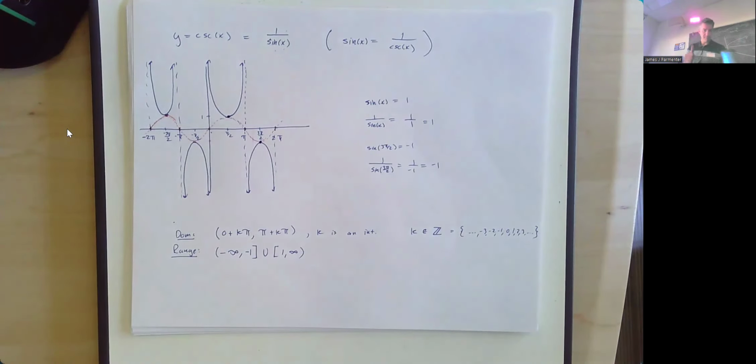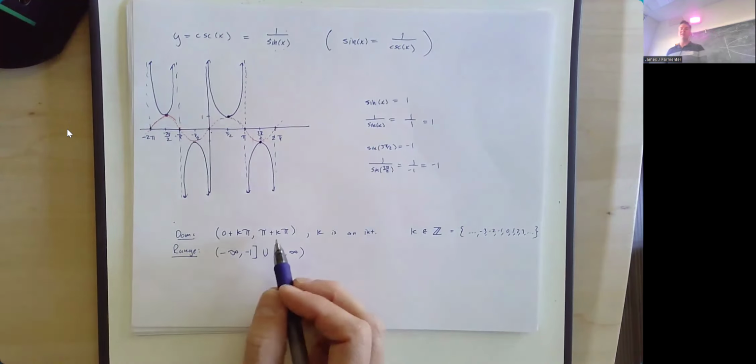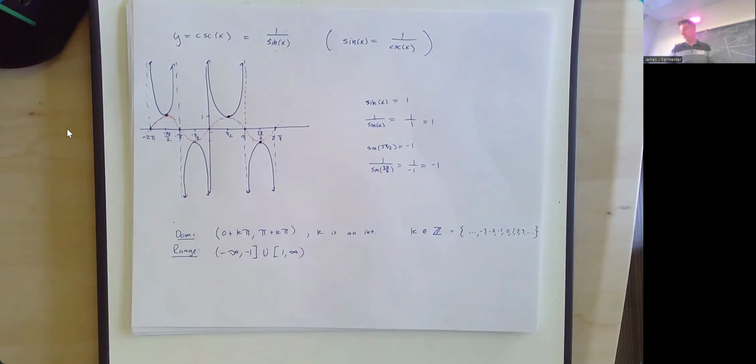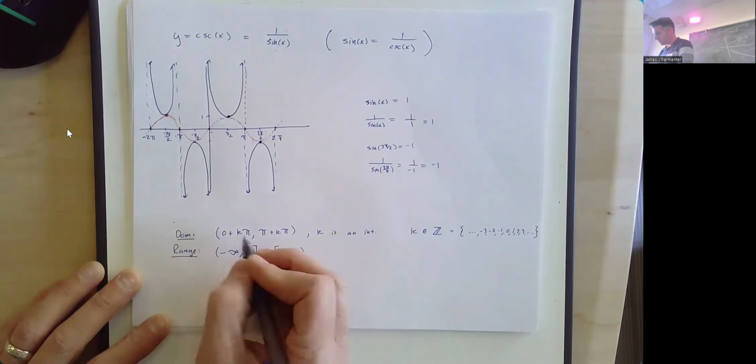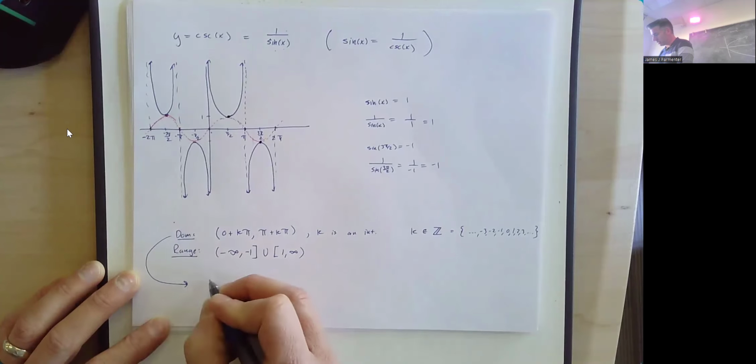Okay. And then another question that came up was the domain. I don't really understand what the 0 plus k is. Sure. K is any integer. This is just a way of writing it without doing all the writing. What I'm really saying for this domain is k could be anything.